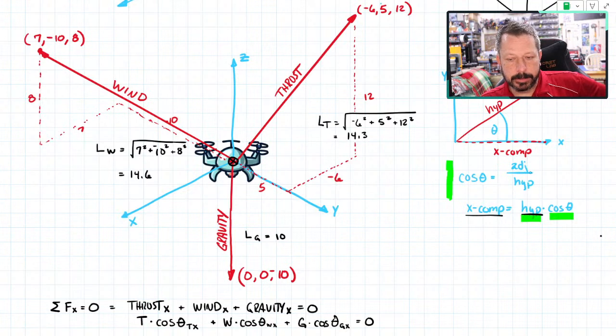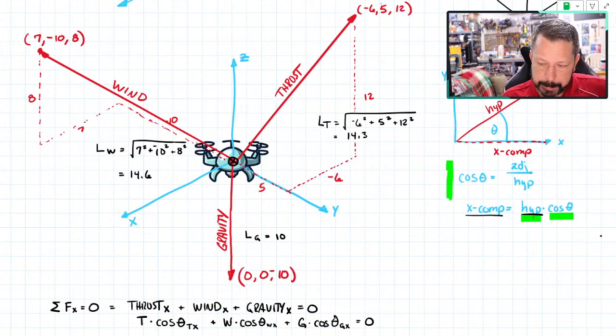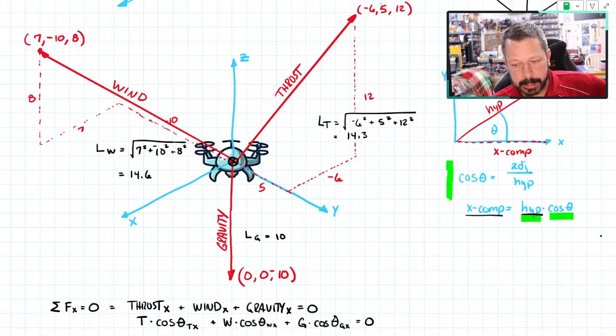So the magnitude I calculated as a length, but it could be the force from the wind, the force from the thrust, and the force from the gravity. So all those L's could be F's. That'd be fine. And the adjacent side is going to be the x component of the wind, the thrust, or the gravity.